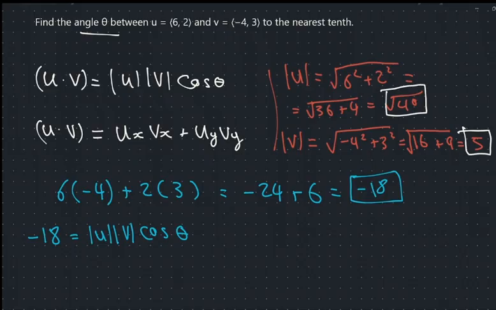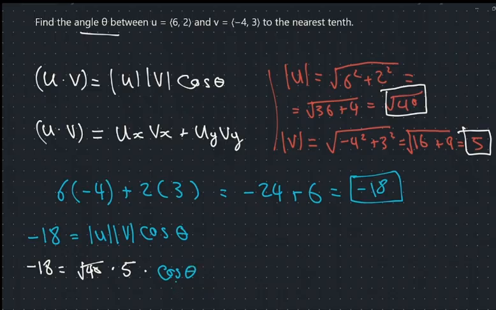Now let's substitute them into these parts here. So we will rewrite it as negative 18 is equal to, what is u? U is root of 40 multiplied by 5 multiplied by cosine theta. Now cosine theta, we don't know its value.